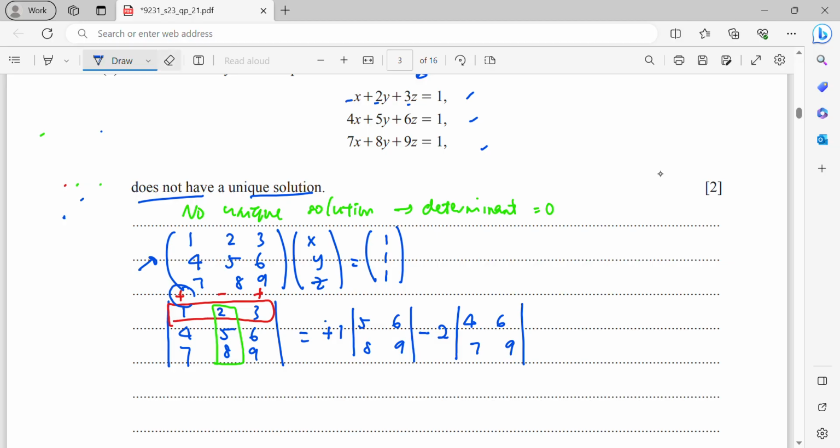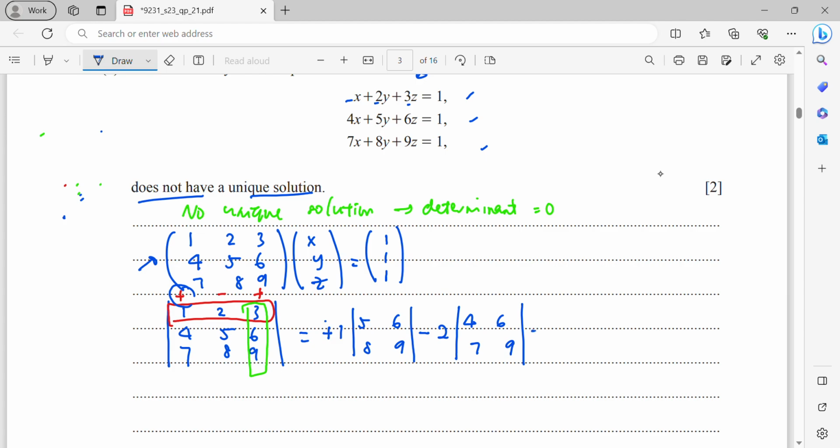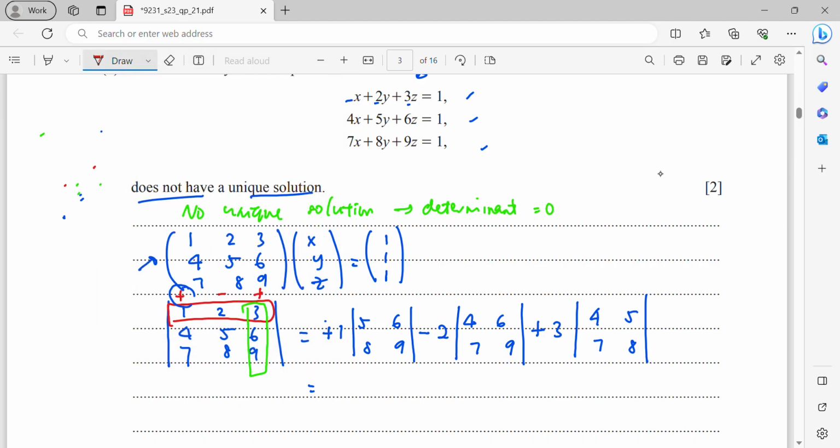Then I erase the second column and consider the third column. The cross out is 3 and the sign is plus, so I will get plus 3, then 4, 5, 7, 8. Now I have reduced the determinant of the 3 by 3 matrix to 2 by 2 determinants.